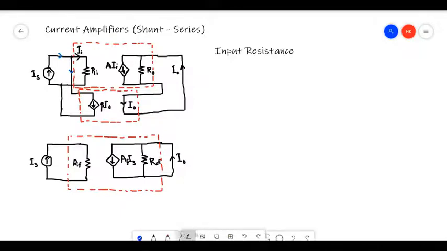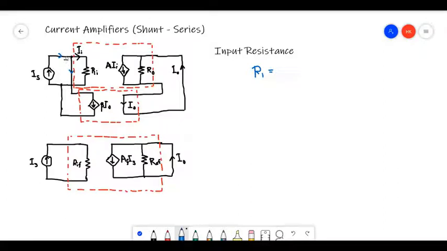Okay, now let's calculate the closed loop input resistance. First of all, as before, we need to find the open loop input resistance, that is Ri.